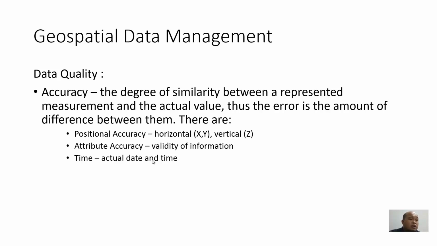If the speed limit of the road is 90 kilometers per hour, but the attribute states 60 kilometers per hour, that already has an error right there. And the last one is accuracy in time, right? The actual date and the time taken of that particular data is very important.